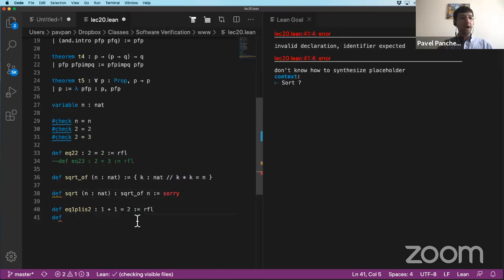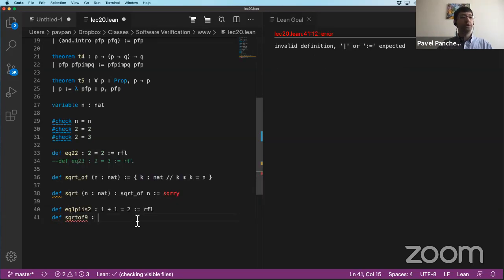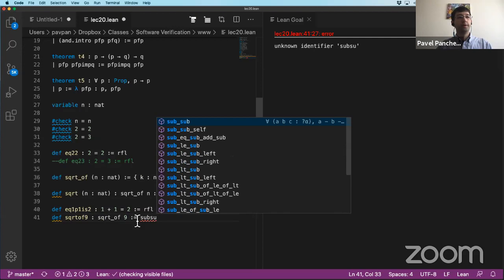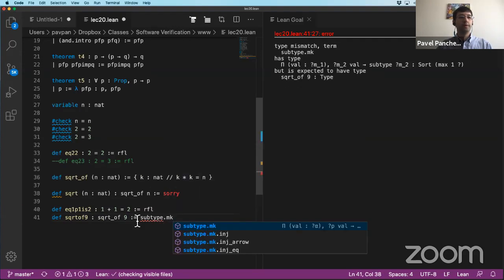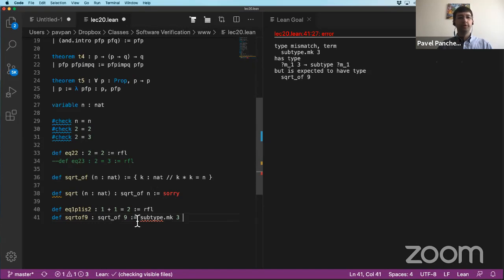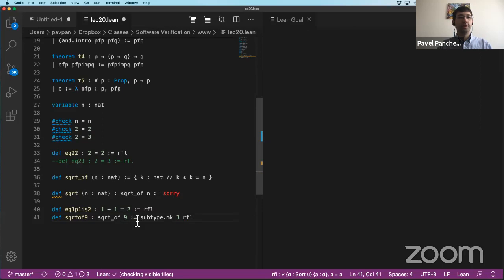So I'm going to write down a term here which is going to prove that it is the square root of 9. And to do so, I'm going to say that that square root is 3, and that the proof is that 3 times 3 is equal to 9.